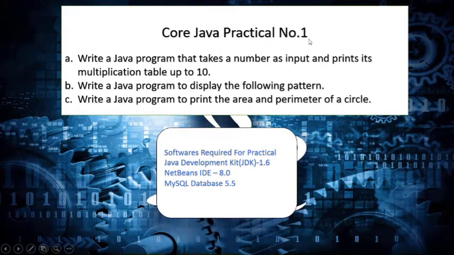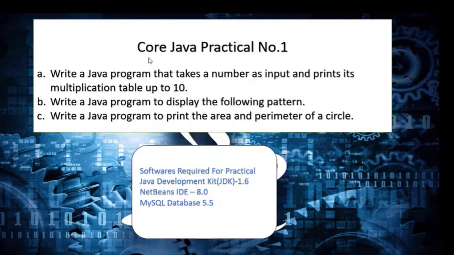Core Java practical number 1. As per the syllabus of Mumbai University, Core Java practical number 1 has 3 subparts A, B and C. That means we have 3 programs in practical number 1.